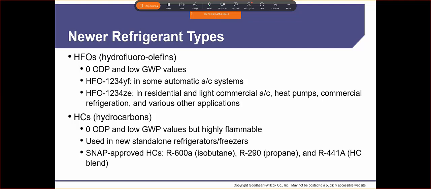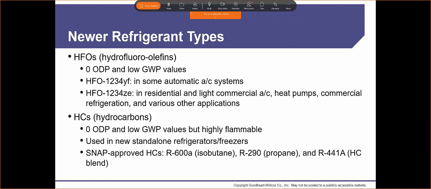The other thing too is the equipment that we use to service refrigeration equipment. It's designed for a specific refrigerant. If all of a sudden I put a flammable refrigerant through it, my equipment may combust.